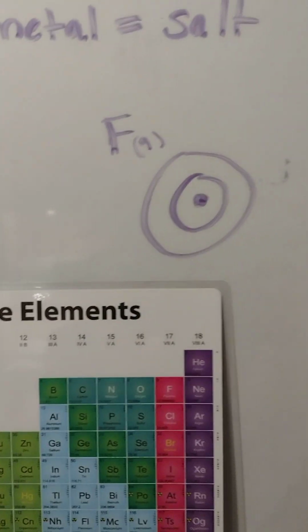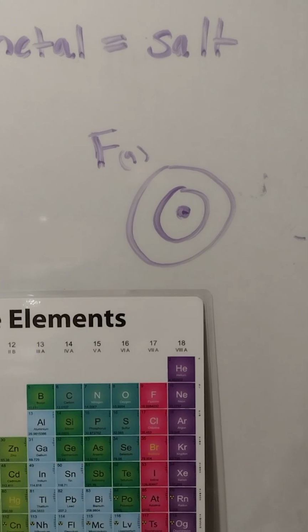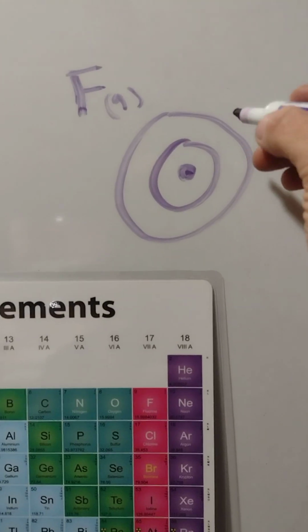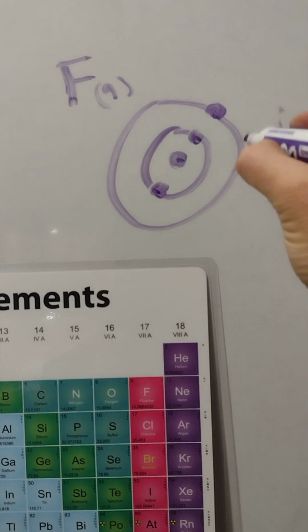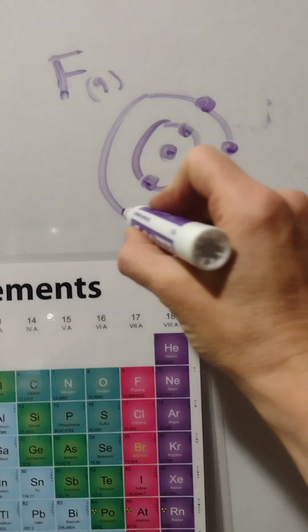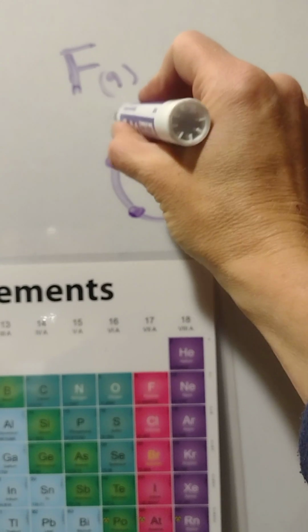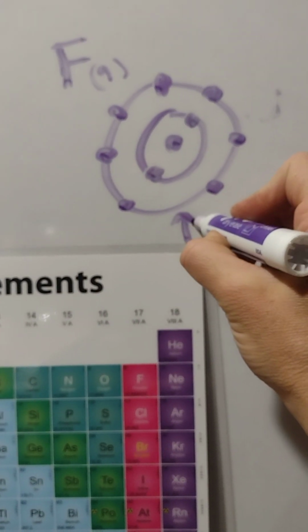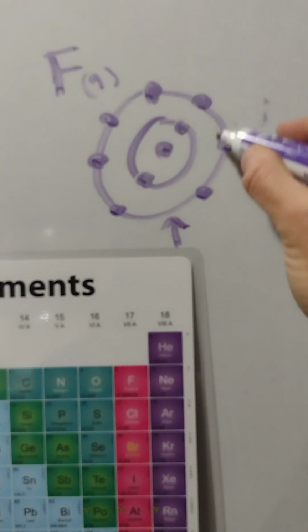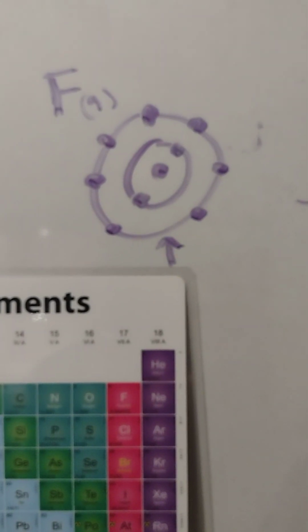Okay, so fluorine has an atomic number of 9, so it's got 9 electrons here. So let's fill them in. 1, 2, 3, 4, 5, 6, 7, 8, 9. There should be one right here to fill this in completely, this outer energy level.